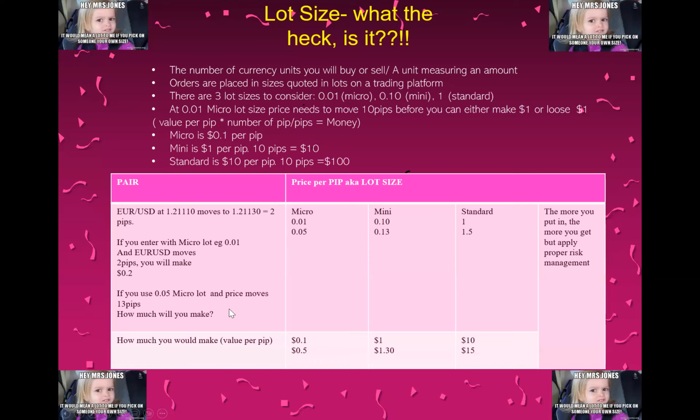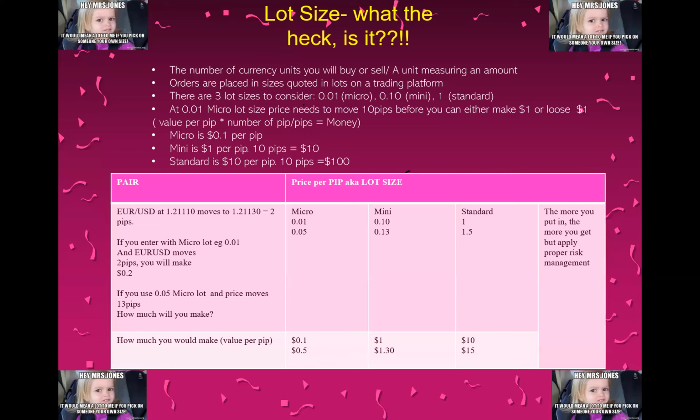Minimum of 5K accounts to use a mini lot size, which is starting from 0.1 to 0.9. To use a standard lot size, which is one standard lot size to 9, you need 10K accounts. Can you hear that clearly?